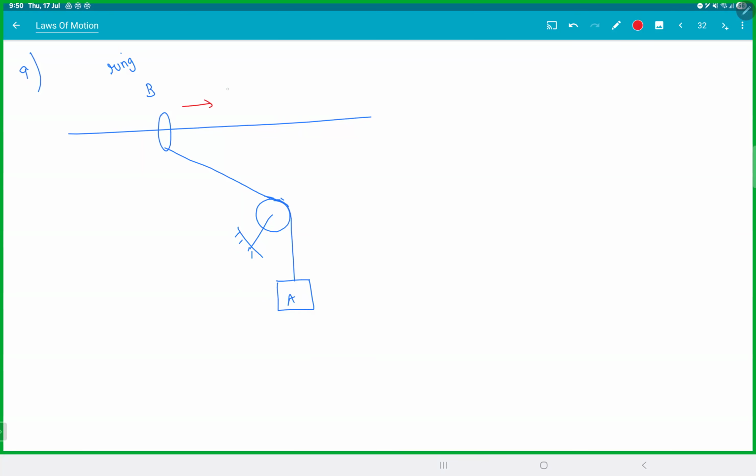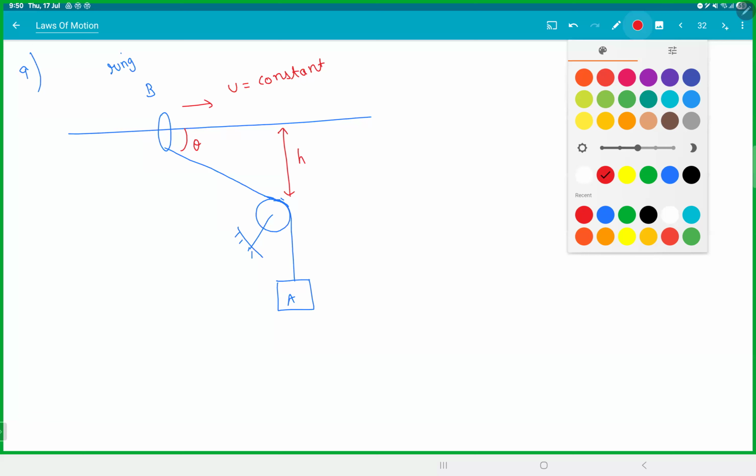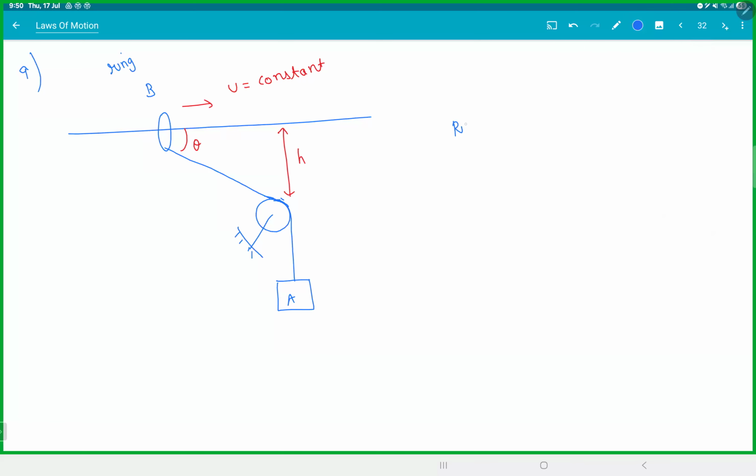This is going with a constant speed U. Someone is pulling the ring with a constant speed U. This angle is theta. This height is h. The ring slides horizontally with speed U. Find the velocity and acceleration of point A.